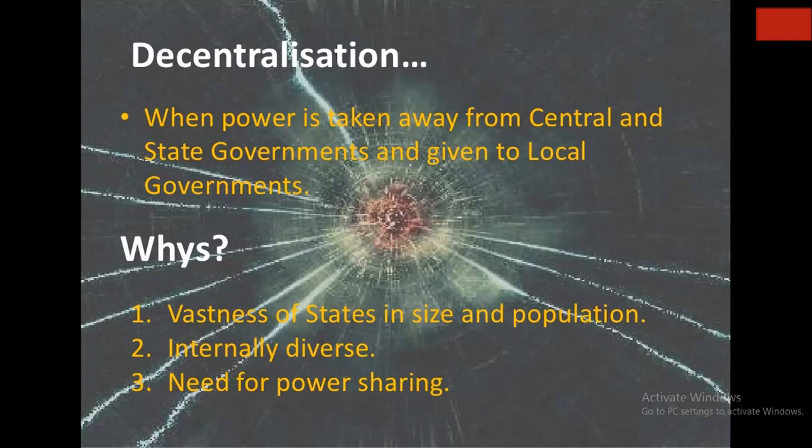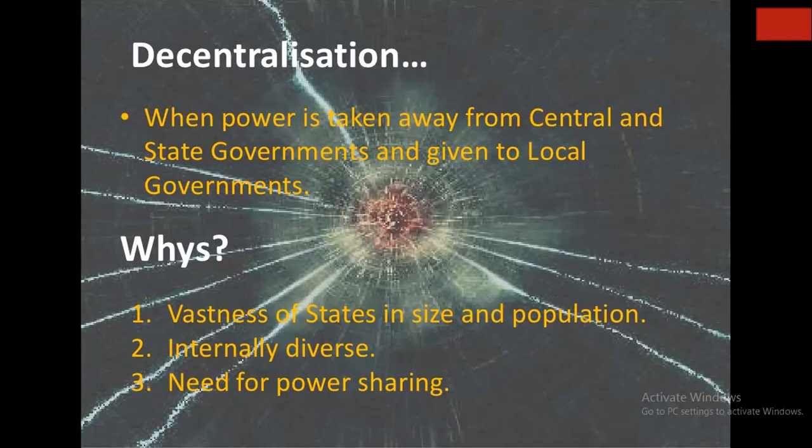So the powers are given from the central and the state to the local government. And actually in most states there are four types of local government: municipalities, towns, cities, villages and districts. These are the main types of local government seen in most of the states.